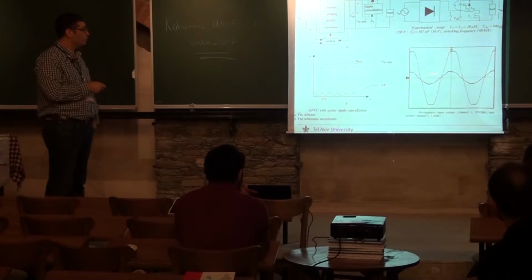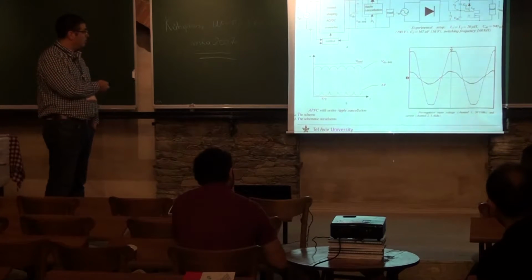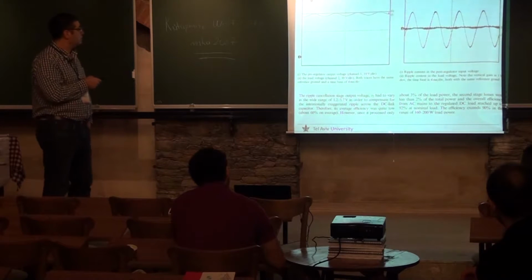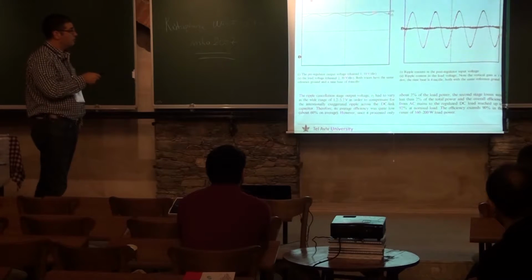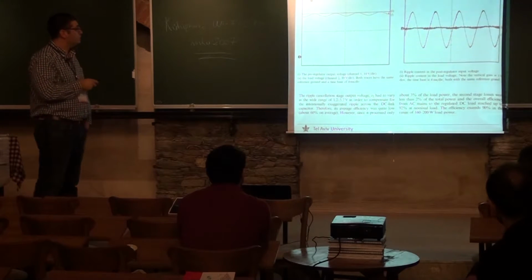This is the input, of course, that's the switched mode rectifier. This is the voltage, this is the current, not so important. What's more important is what happens here. So you can see here, this is the capacitor voltage, or the input, and this is the voltage across the load.